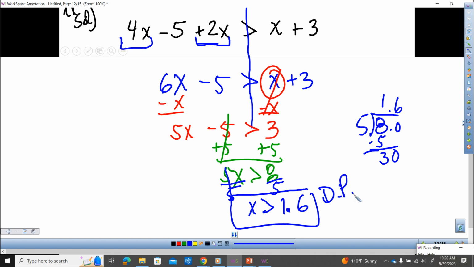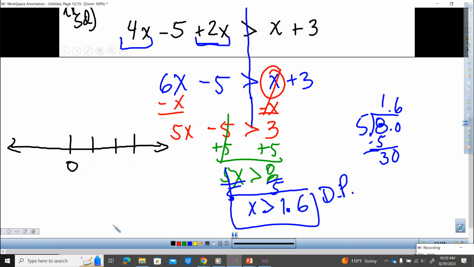Tell you what DP stands for. Dividing point. All right, draw your number line on the side. Start with 0. And I'm going to go 1, 2, 3, just to have that. And where would I put my dividing point? At 1.6 between 1 and 2, so about right there, 1.6.